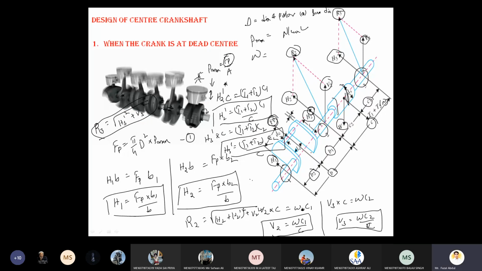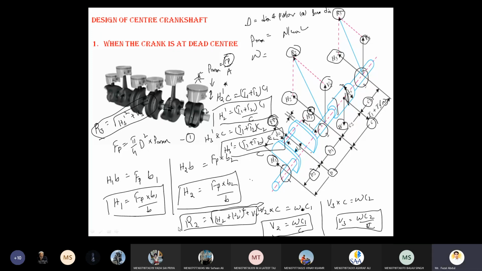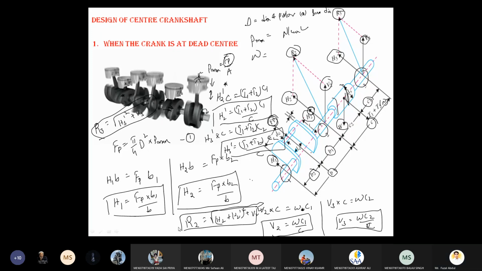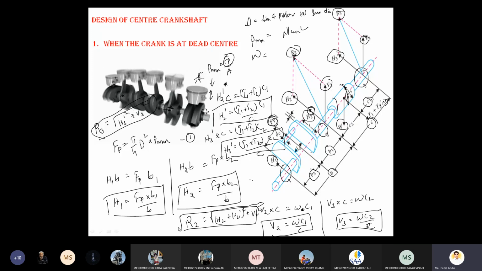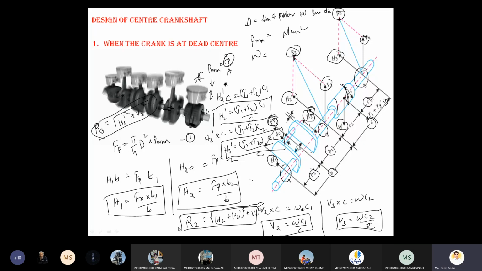So these two we calculated here. First, what did we calculate? First, we calculated how much gas force Fp is acting on the crank pin. Then, due to the gas force, how much horizontal reactions are generated at the bearings, that we calculated: H1 and H2.